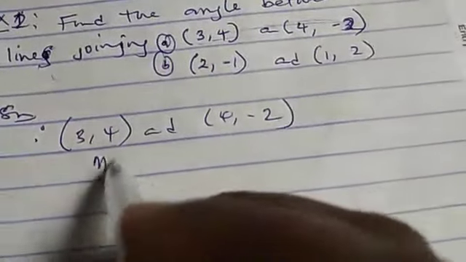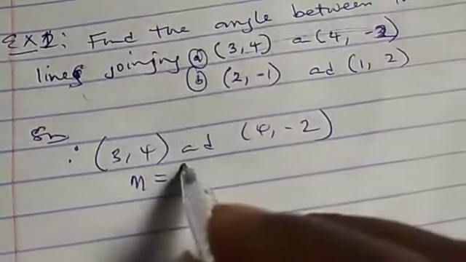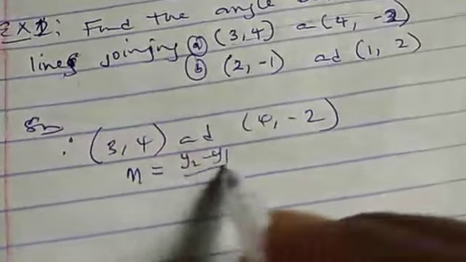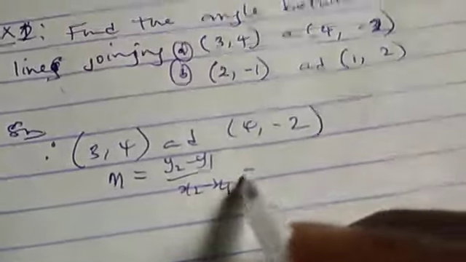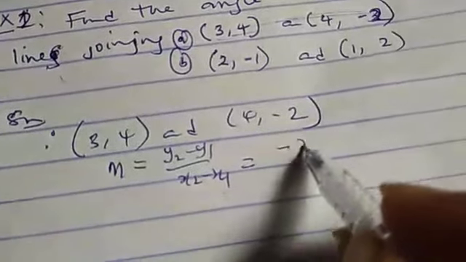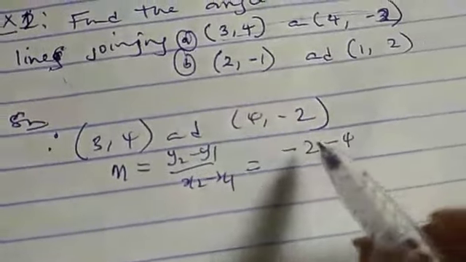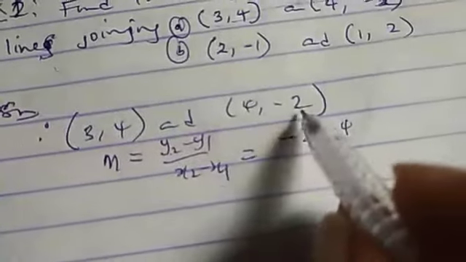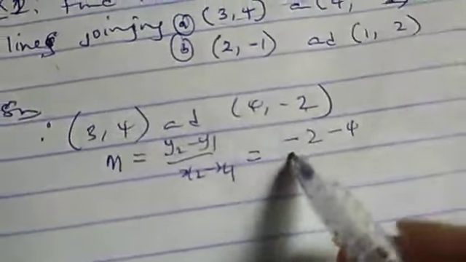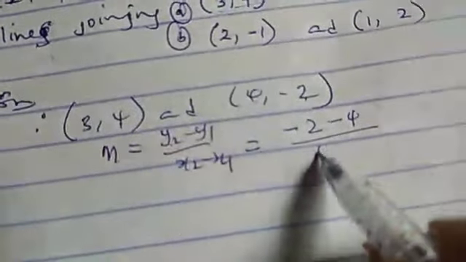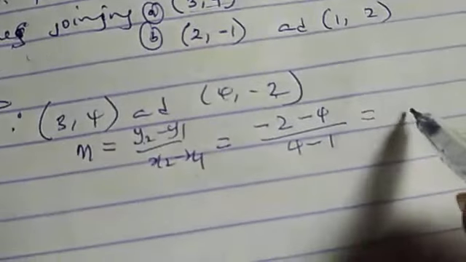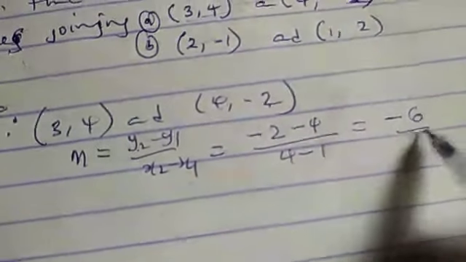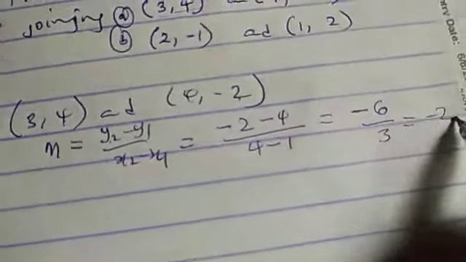I will say that m is equal to y2 minus y1 over x2 minus x1. That is 2 minus 4 over 4 minus 3. So my answer is minus 2 over 1, that is minus 2.